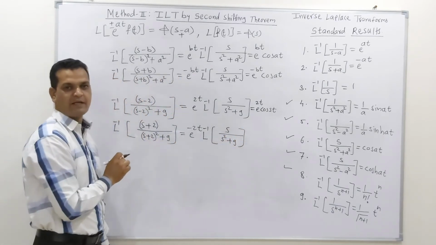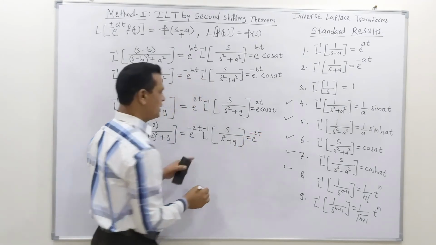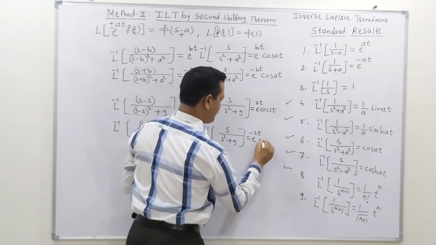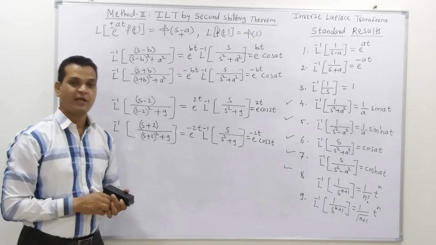So we can write the remaining term in this way, which is equal to e raised to minus 2t, then this is the standard result of cos at. So we can write this as cos 3t, where the value of a is 3.